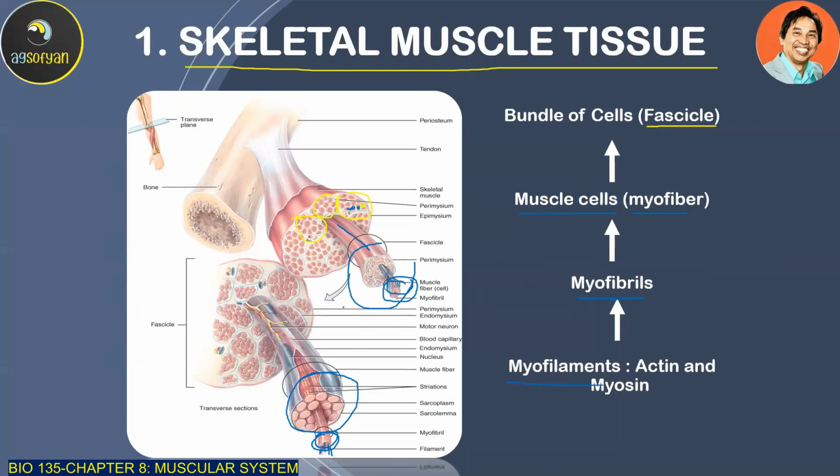So basically, this muscle tissue is just like a cable that has a lot of cables inside it, and there are a lot of metal filaments inside the cable. The myofilaments that are really important for muscle contraction are called actin and myosin. These are the two filaments that are important for muscle contraction.